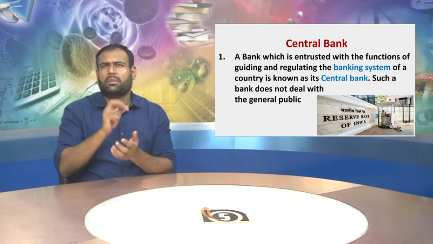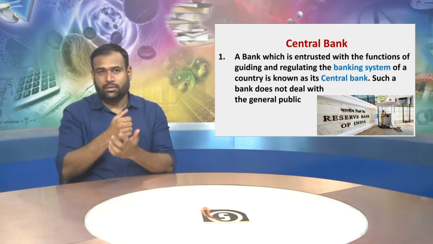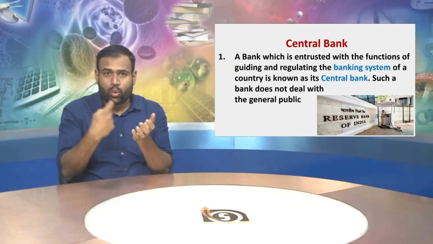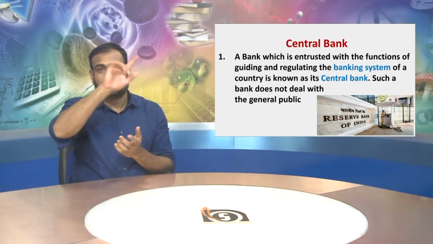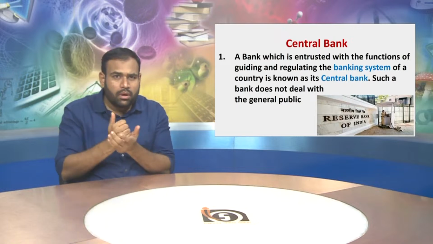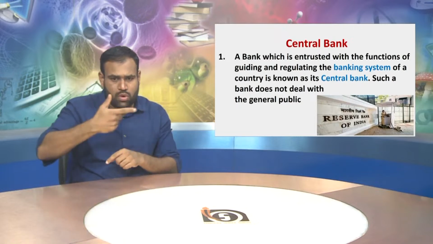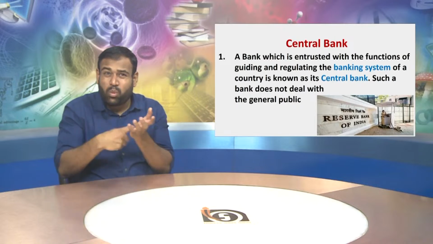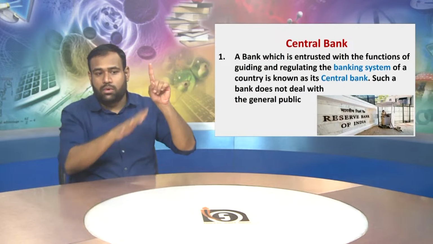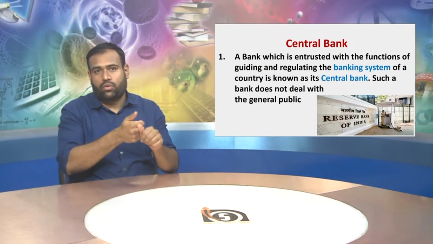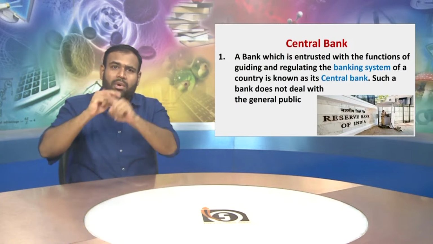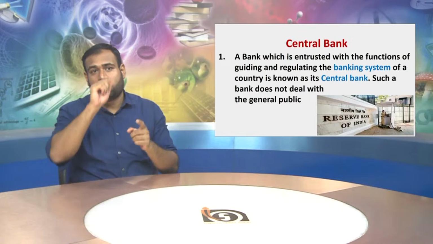This is the first kind of bank, which is the central bank. A bank which is entrusted with the function of guiding and regulating the banking system of a country is known as a central bank. Such a bank does not deal with the general public. For example, RBI, Reserve Bank of India, is the central bank.